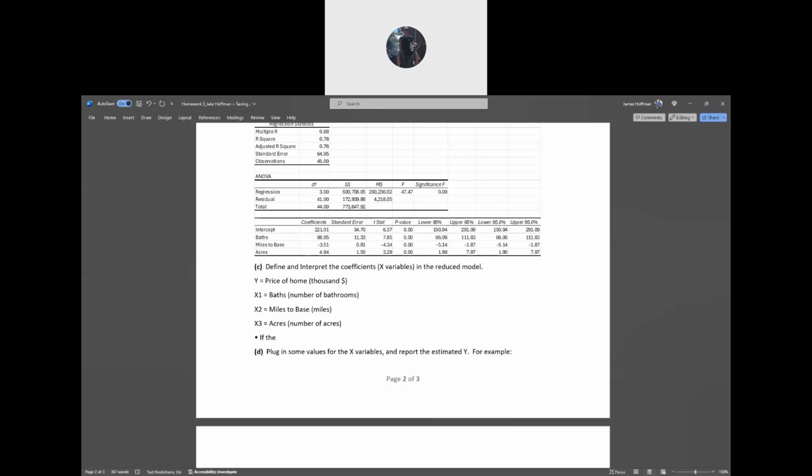If the number of baths increases by one, we'd expect the average home to increase by $88,950. Okay, exactly.